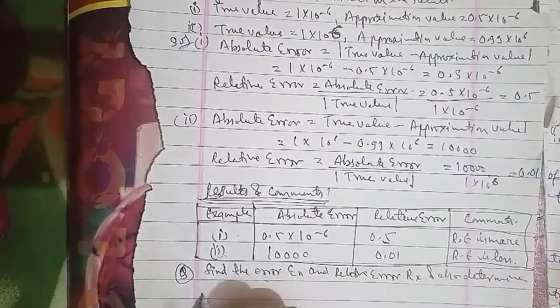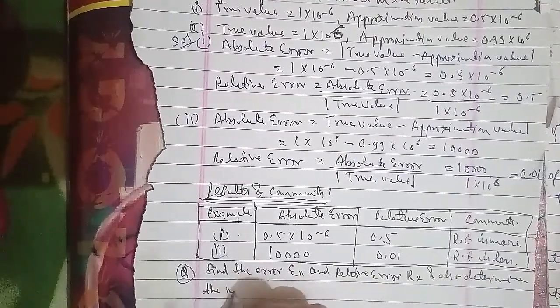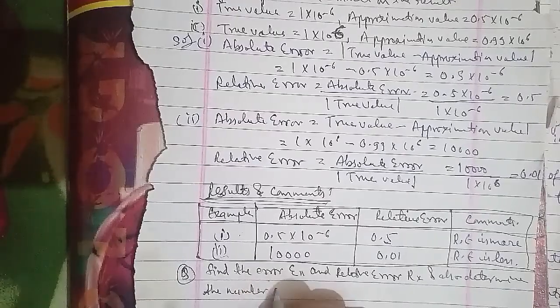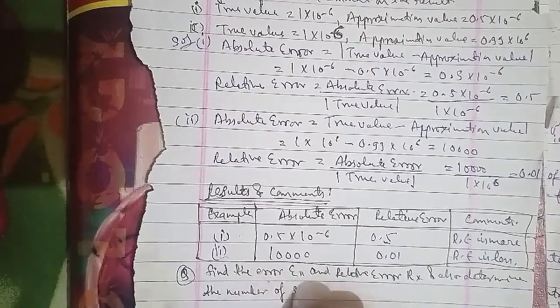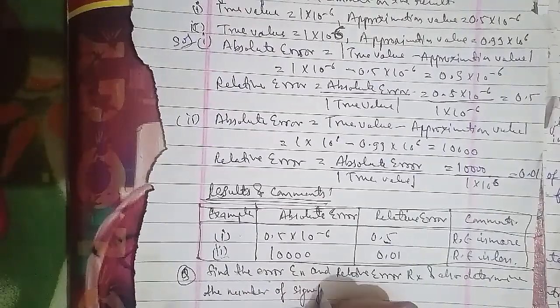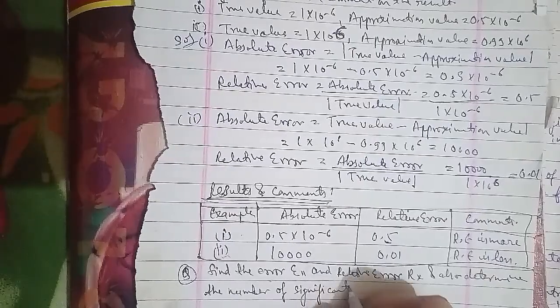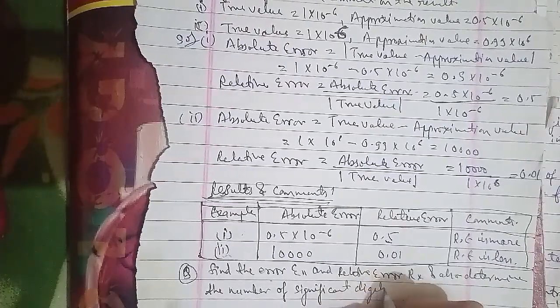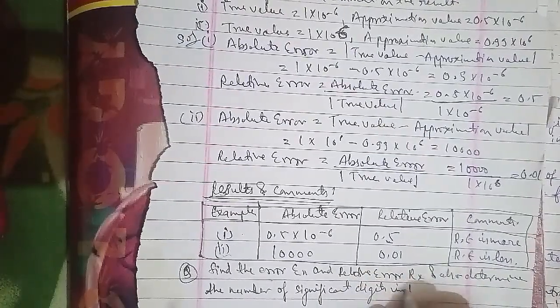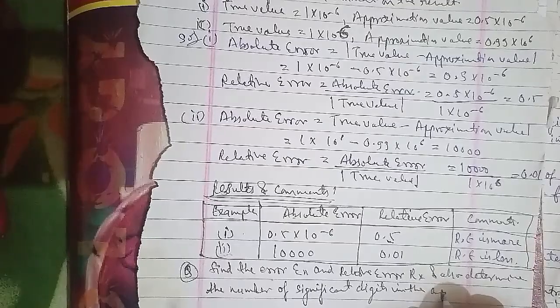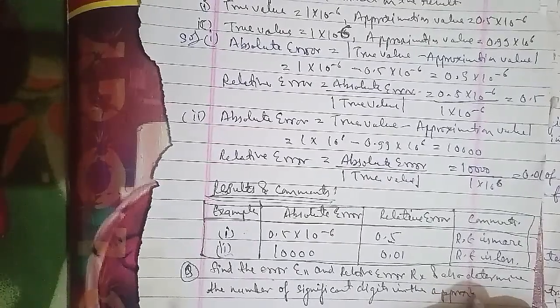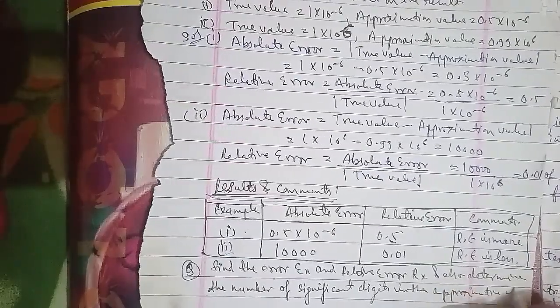So for the first one, let x equal 2.71828182 and x bar equal 2.7182. For that we'll have to solve it out as well.